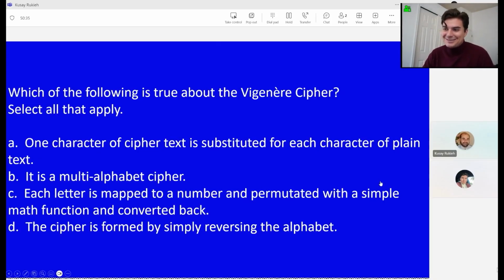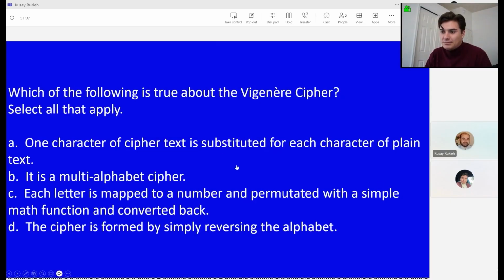It's polyalphabetic, right? It's Caesar on steroids. Unlike Caesar, which shifts all the letters by a certain number, by default three, so we shift all the letters by three positions, the Vigenère cipher takes the first letter and shifts it six spaces, the second letter two spaces, and so on. You have a secret word that tells you how many spaces every letter needs to be shifted.